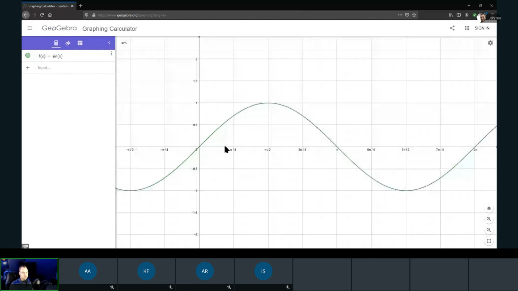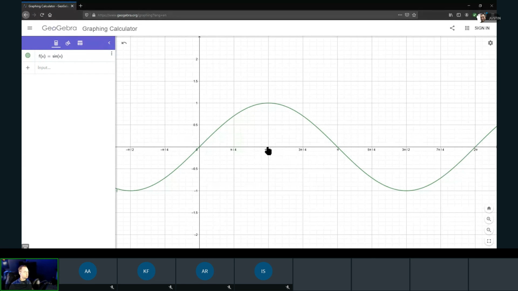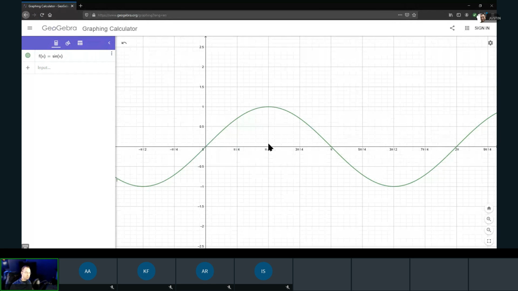I'm going to zoom in just enough here. So the amplitude, we can see, the midline is the x-axis at pi over 2. I can see from this point to here is a distance of 1. That's the amplitude. I'm going to jump ahead of myself and talk about period real quick. From the starting point at x equals 0, the time, or in this case x, the distance it takes to do a full rotation is called the period.